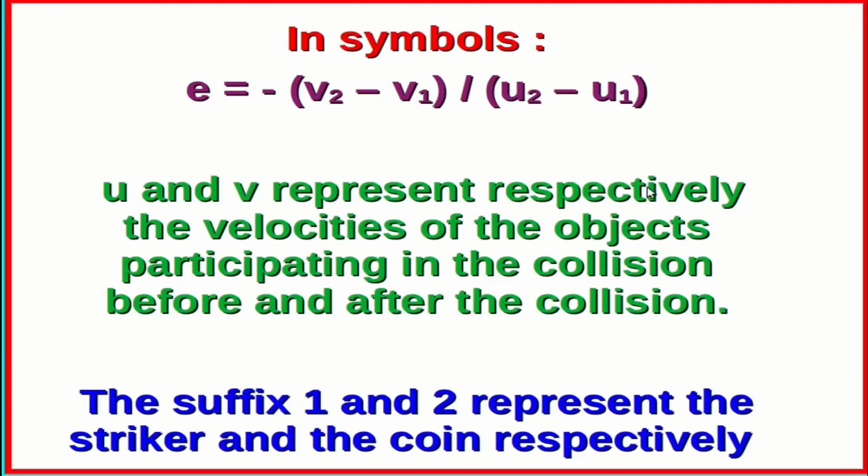U and V represent respectively the velocities of the objects participating in the collision before and after collision. One is for the first particle and two is for the second particle. So we have, this is the relative velocity after collision and this is the relative velocity before collision. You take the ratio and take the negative of this. So that defines our coefficient of restitution.